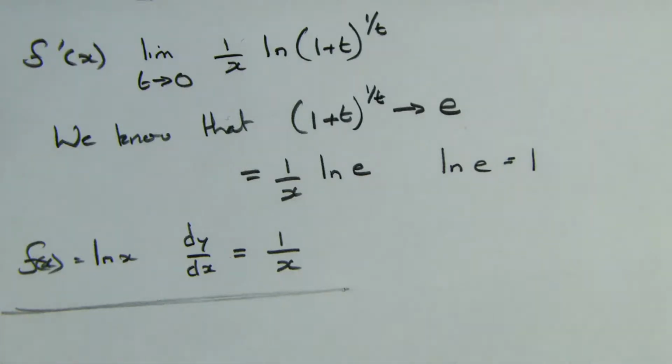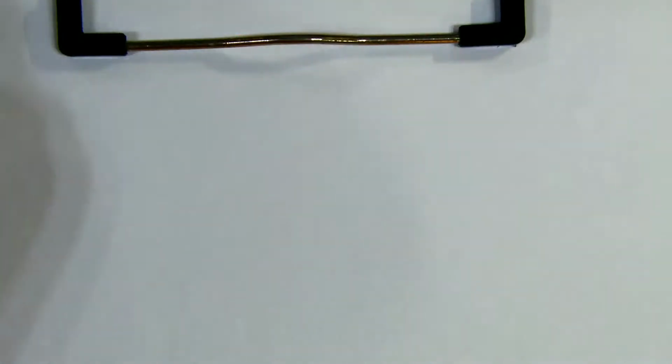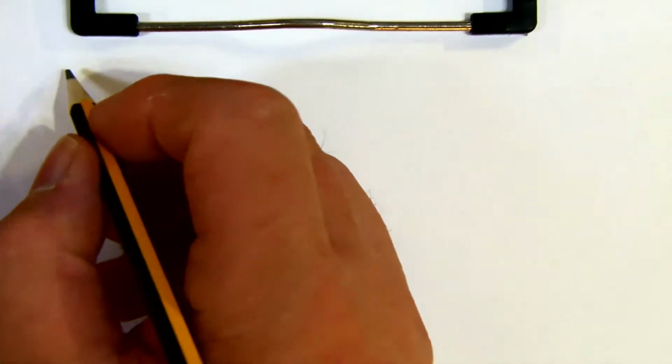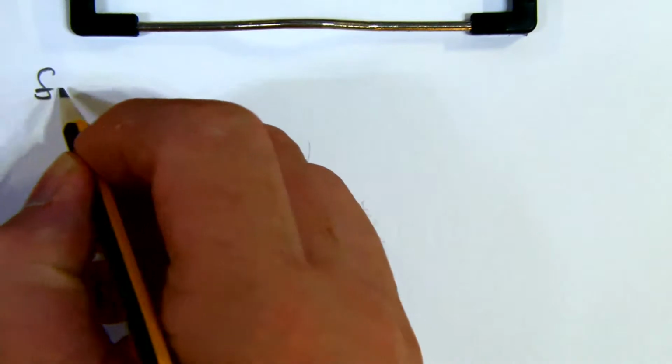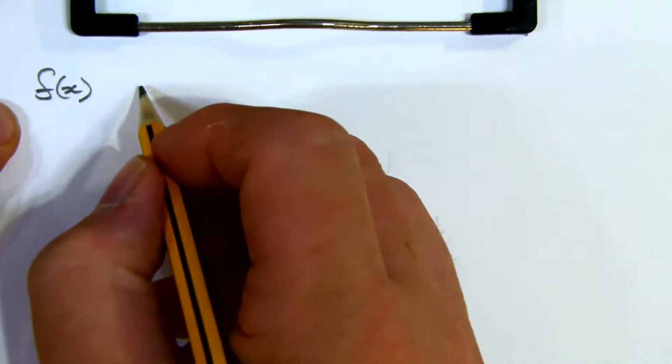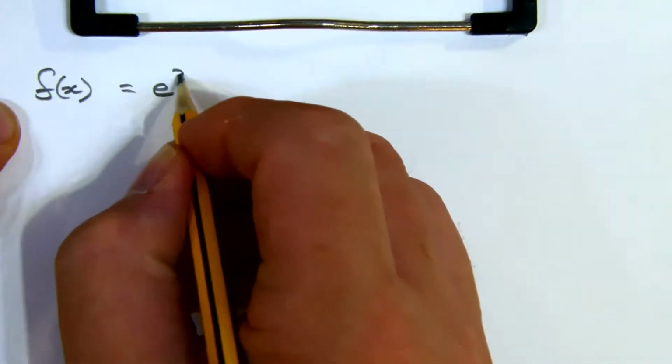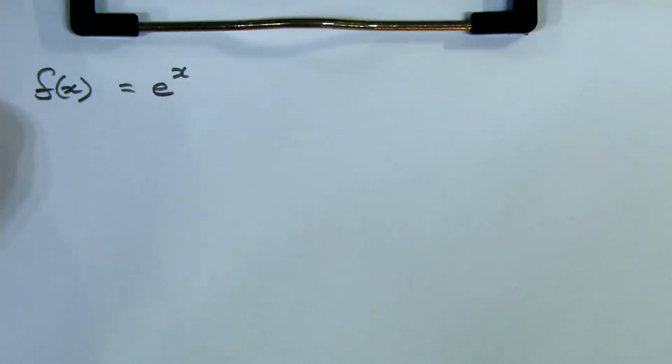We're left with one final one to try and work out, and this is in fact quite a lot simpler to do now we've actually done that. So bearing all of ln x in mind, let's see if we can now do the same thing but for e to the x. So let's see if we can differentiate e to the power of x from first principles.